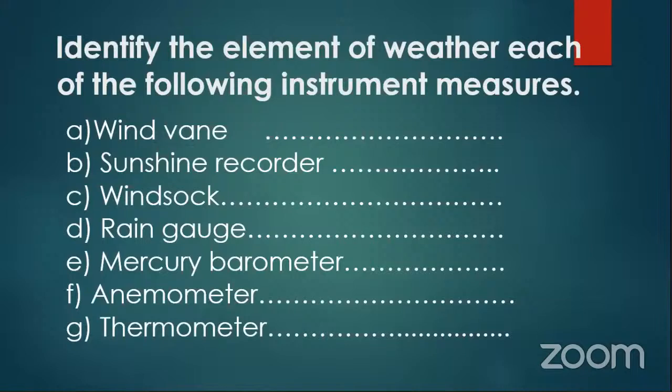And this causes a rise in the pressure reading. But if the air pressure is low, what happens? The mercury in the glass tube flows out into the bowl, causing a fall in the pressure reading.